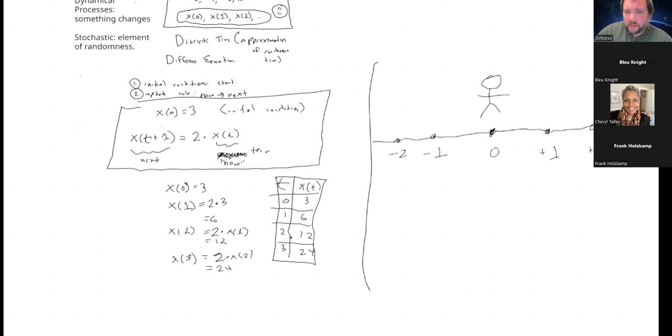So I'm going to have the same information. I'm going to have an initial condition, which is I'll start at x equals 0 at time 0. And then I'm going to have my update rule, which tells me how it should change when the next time step happens.